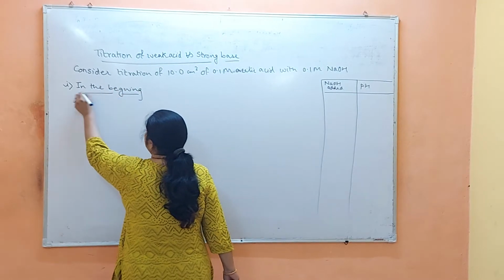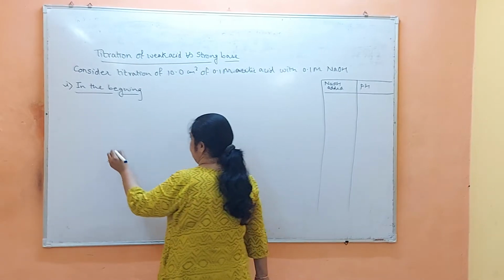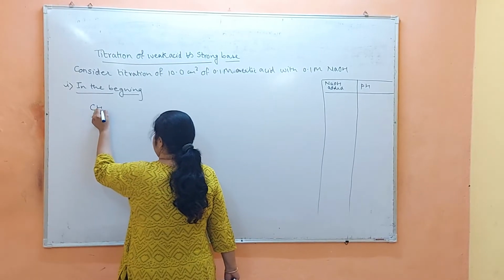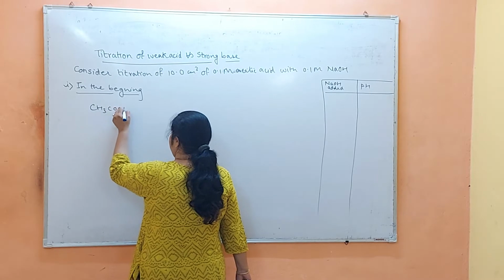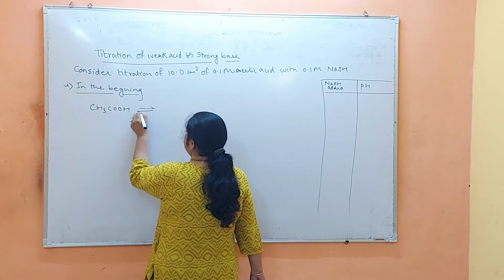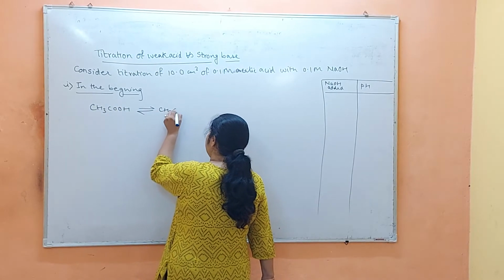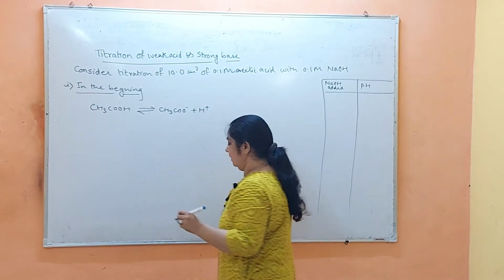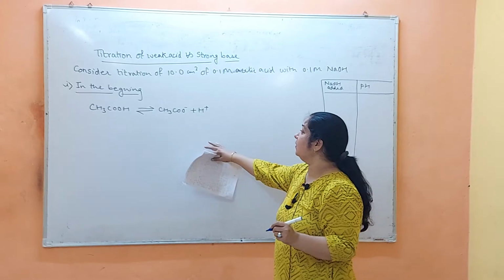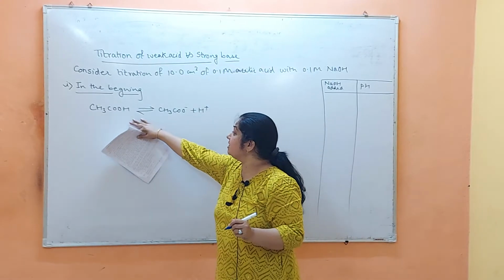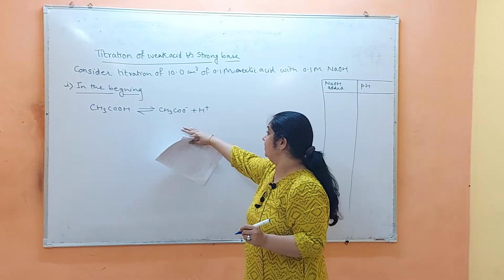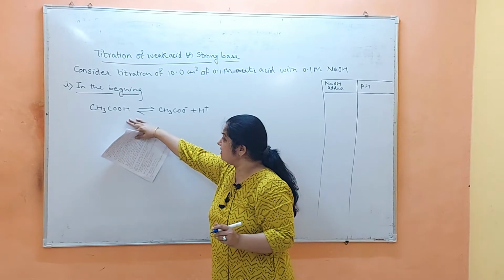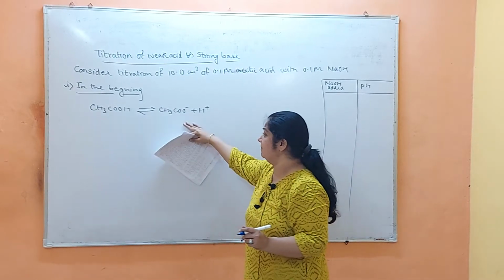Now here in the beginning we have only acetic acid, CH3COOH, which will dissociate to give you CH3COO- plus H+. Now please try to understand, this is an equilibrium and the dissociation is very slow over here. That is, this acid dissociates, but it dissociates very feebly.